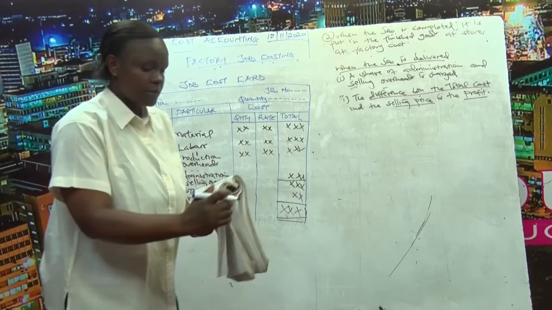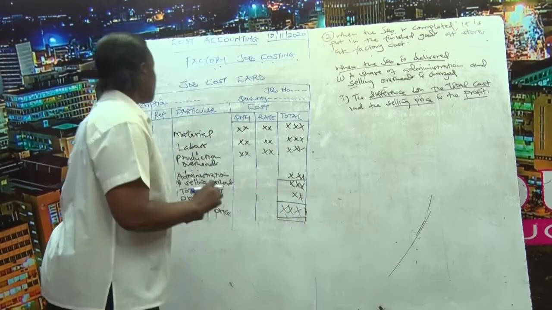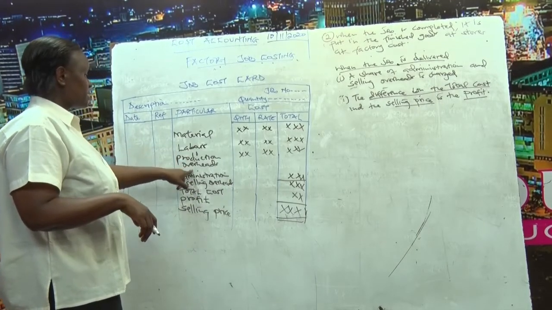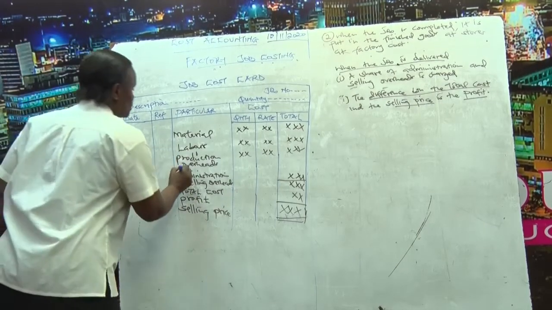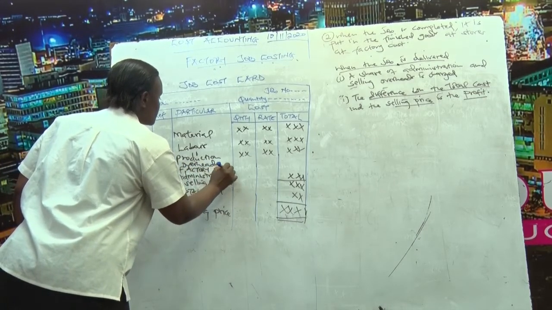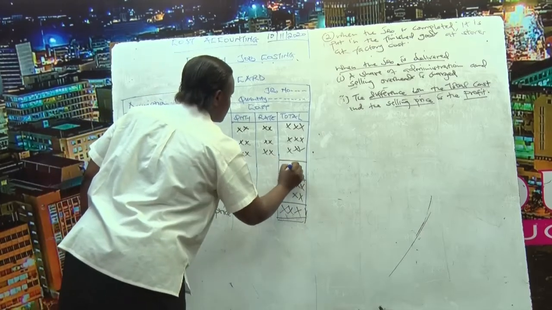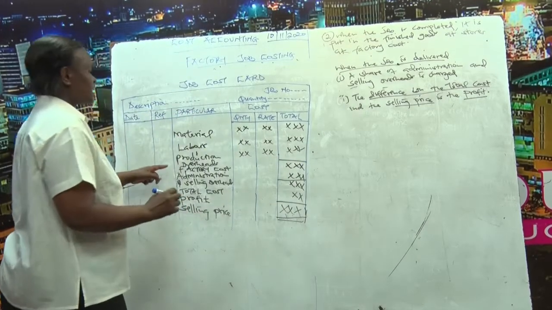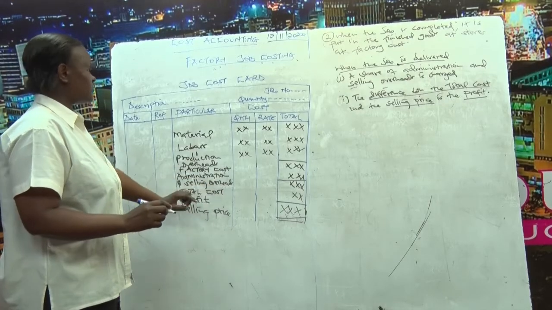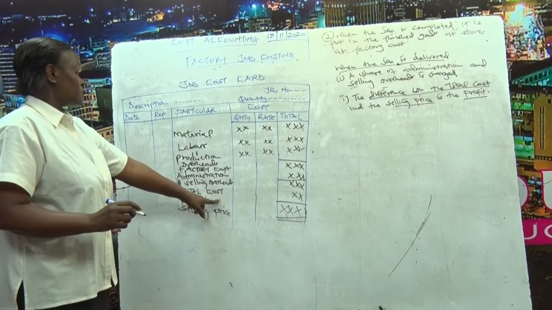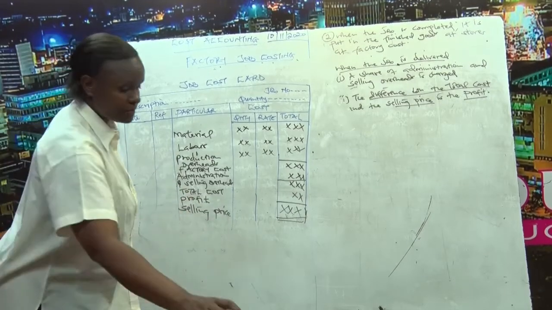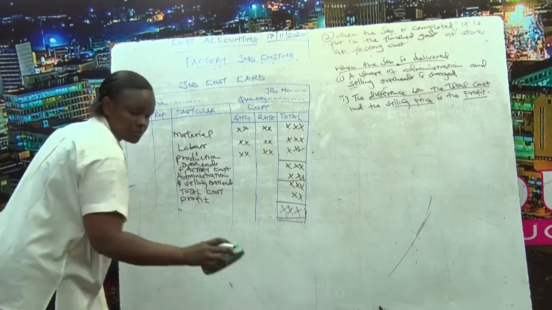So as we follow the procedure, you can see we have the direct materials, the direct labor and production overhead, which will give us the factory cost. Then after getting the factory cost, we add the administration and the selling overheads for us to get the total cost. Then the difference between the total cost and the selling price is the profit.